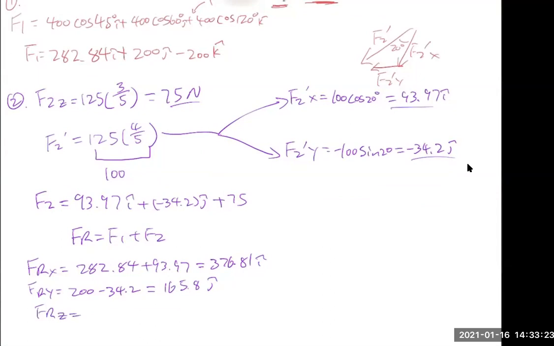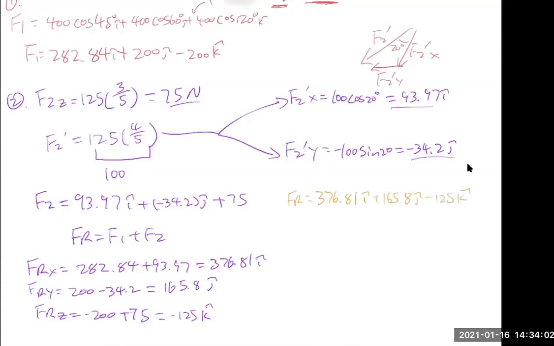FRz is simply negative 200 plus 75, which is equal to negative 125 k hat. And right now we have those three. So in the FR form, that's going to be equal to 376.81 i hat plus 165.8 j hat plus negative 125 k hat.